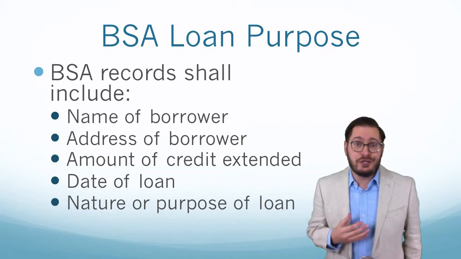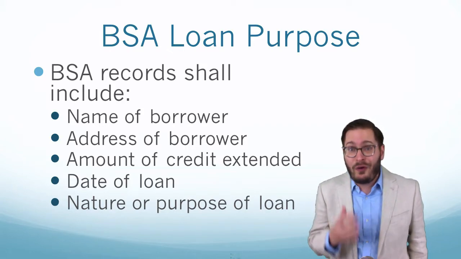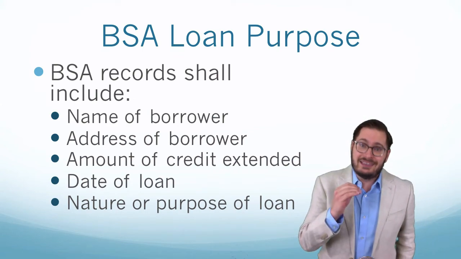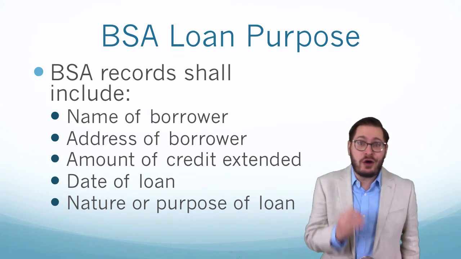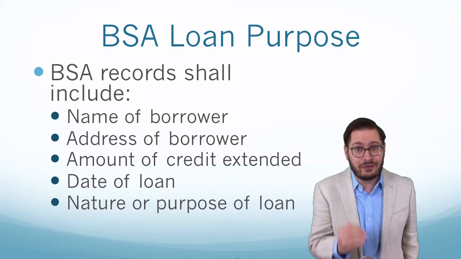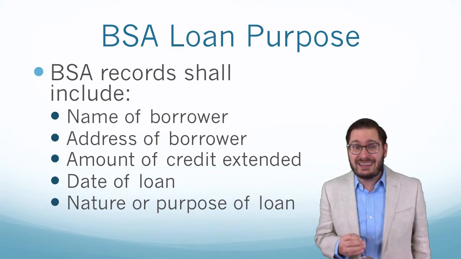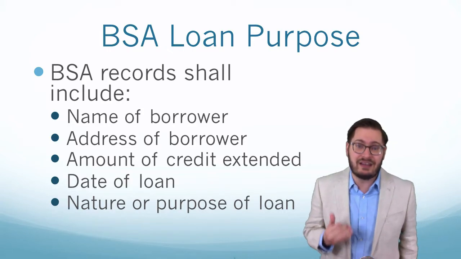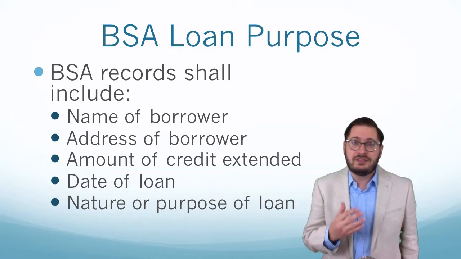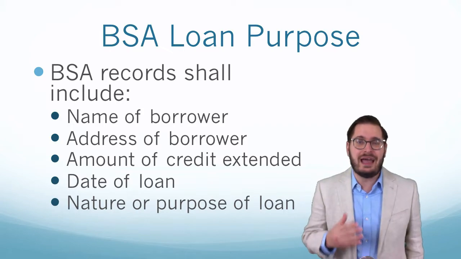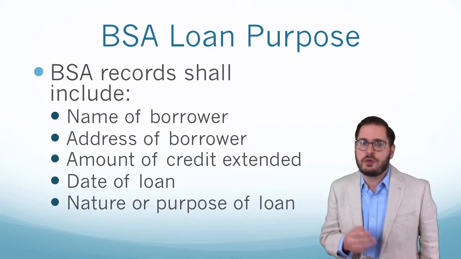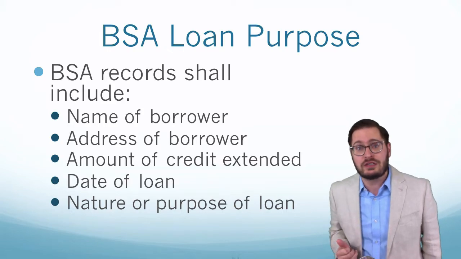But I've said for years it is a best practice to require an application, and this is one of those reasons, because for loans with amounts over $10,000 where it's not secured by real estate, you have to retain the name of the borrower, the address, the amount of credit extended, and the date of the loan. So some of that should be on your note, but it's a good idea to have that on your application as well. So the biggest piece, of course, we worry about is the nature or purpose of the loan.